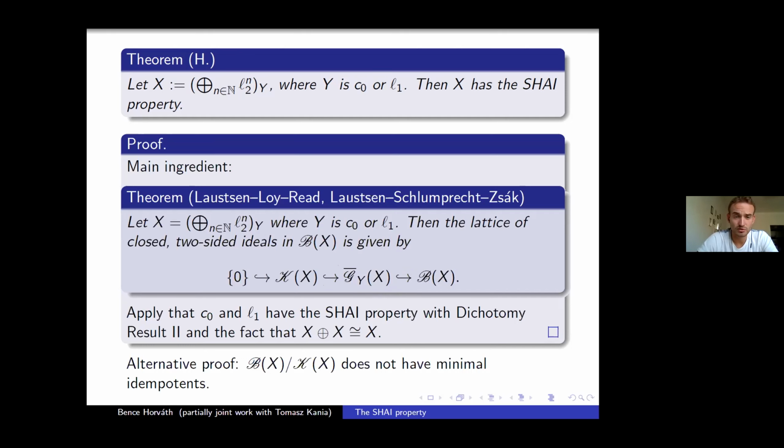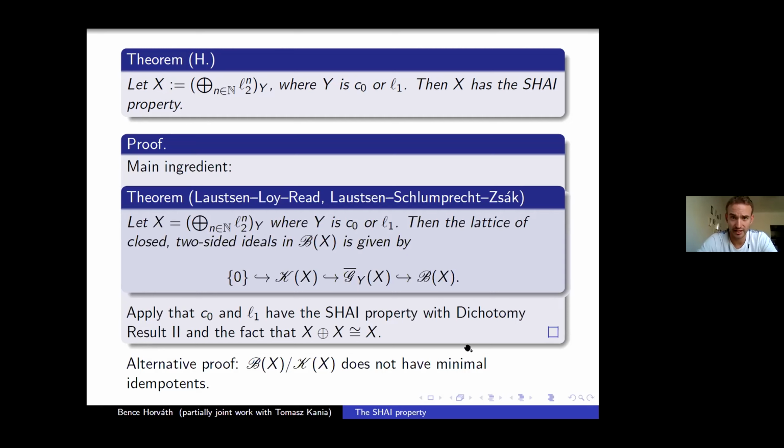So this was not the original way I proved this theorem, because this dichotomy lemma is something we only thought of with Tomek Kania for our recent paper, and this was in my solo paper, and the proof was quite different.